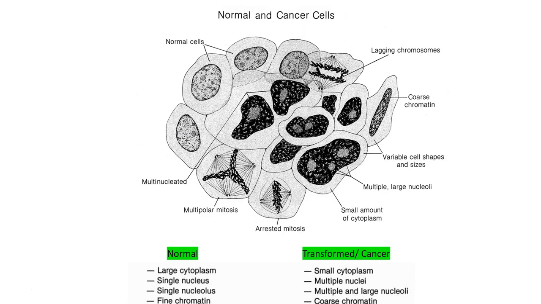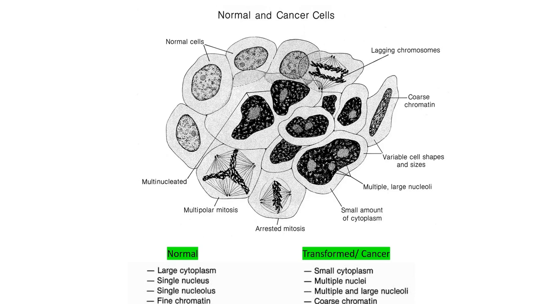In the case of a transformed or a cancer cell culture, what you see instead are cells that are very variable, depending on how mutated they are and what type of cancer it is and how aggressive it is.